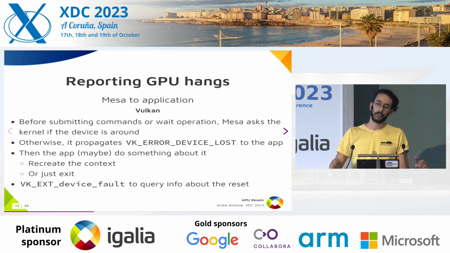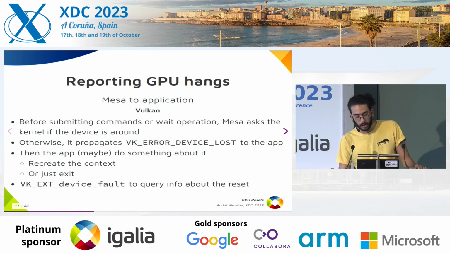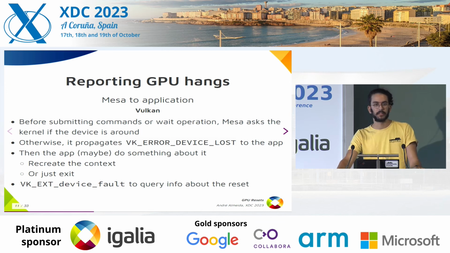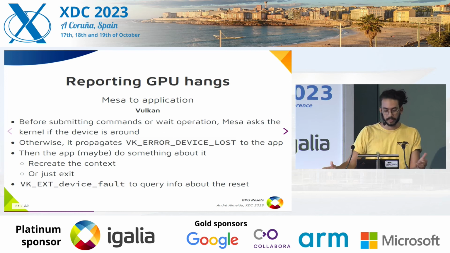If the app wants to be robust, it will recreate the context or just exit. And we also have a Vulkan extension to query information about the reset, because error device lost is an error code for a bunch of things, and you can make a lot of decisions around that.